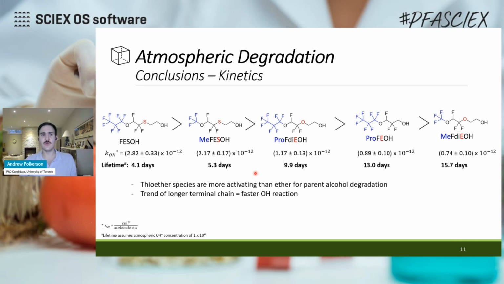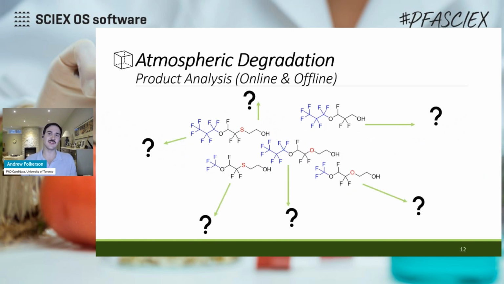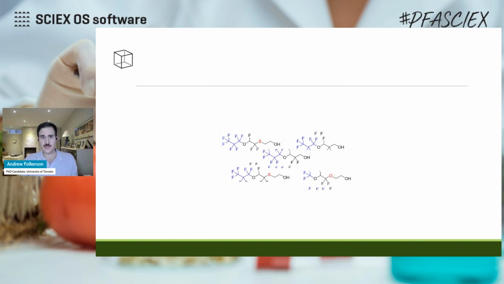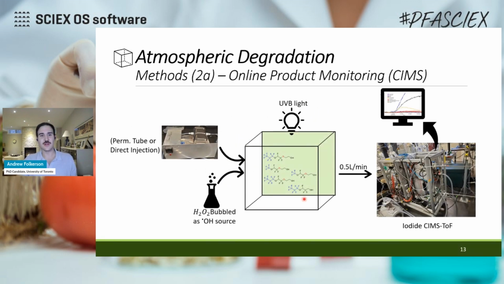So that's great. We know what reacts faster, but ultimately with PFAS, it's only half the story. It reacts faster, that's great, but what does it turn into? Are we getting any persistent products? So back to the same experimental setup, throw the chemicals in the bag, OH radicals, monitoring it. But what's really cool about using a time of flight CIMS mass spec, specifically with iodide as the reagent ion, is it's very sensitive to these fluorinated alcohols.